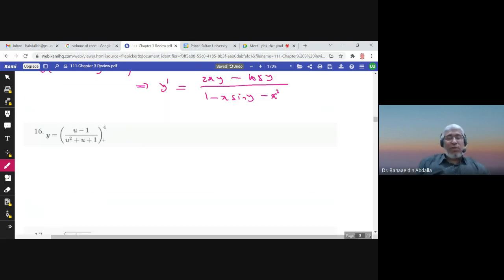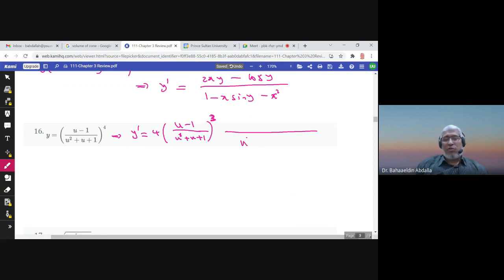Well, I can use the power rule here, and I can also use logarithmic differentiation. All right. Let me use the usual formula. y prime would be 4 times (u minus 1 over u squared plus u plus 1) to the power 3. This is the chain rule, times the derivative of what is inside.